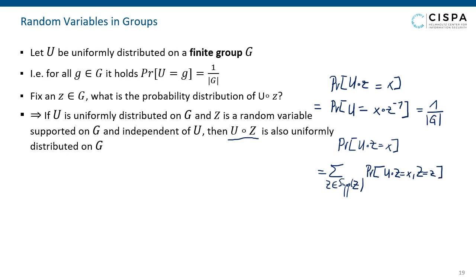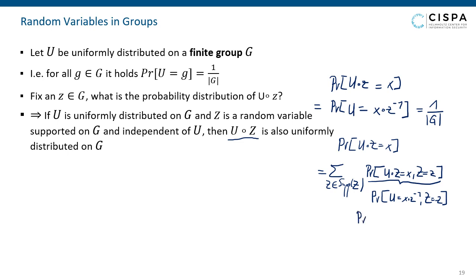But now, again, we can rewrite that just as above. Here, we know that Z equals z, so this is the same as U equals X times z inverse and Z equals z. Furthermore, we know that U and Z are independent.